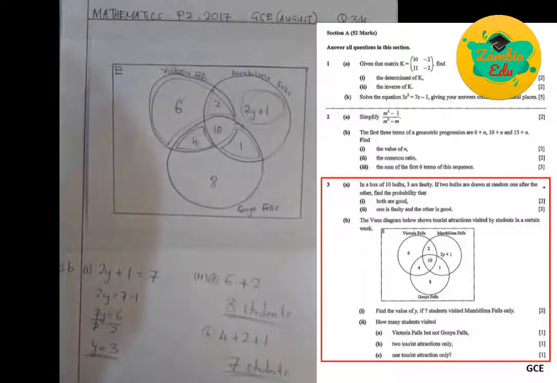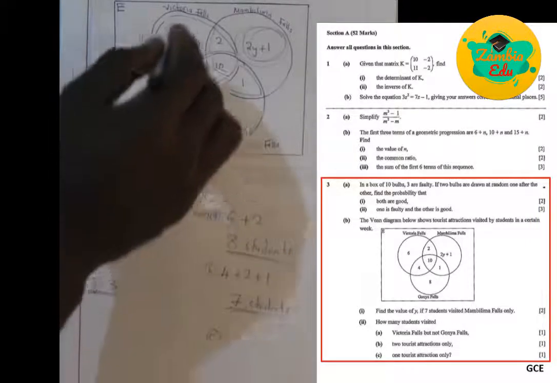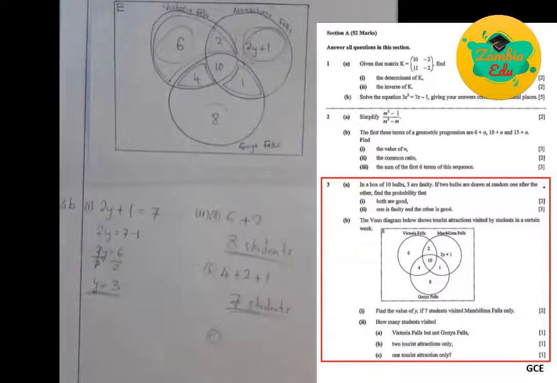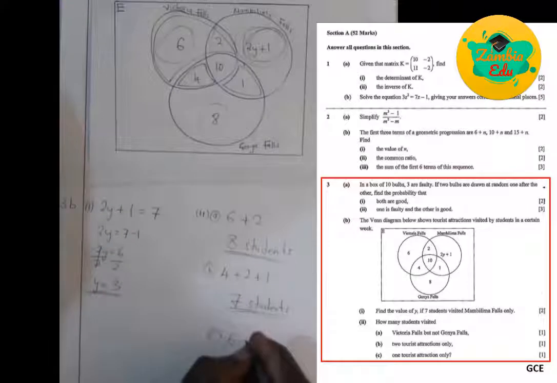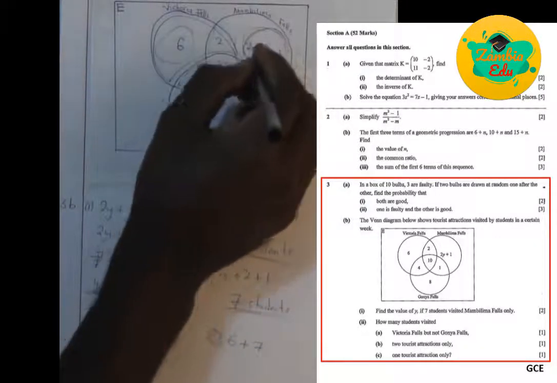Part C says, how many students visited 1 tourist attraction only? So for that we consider that, and that. So we are putting our 6 plus our 7, because the total of that is 7.